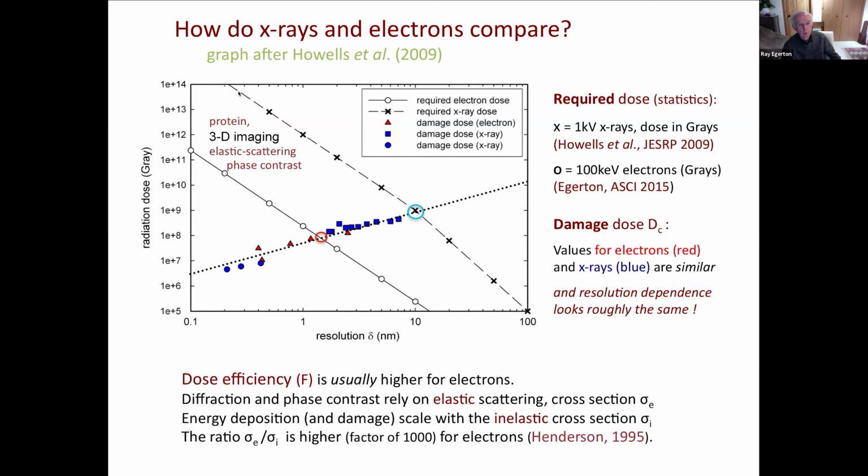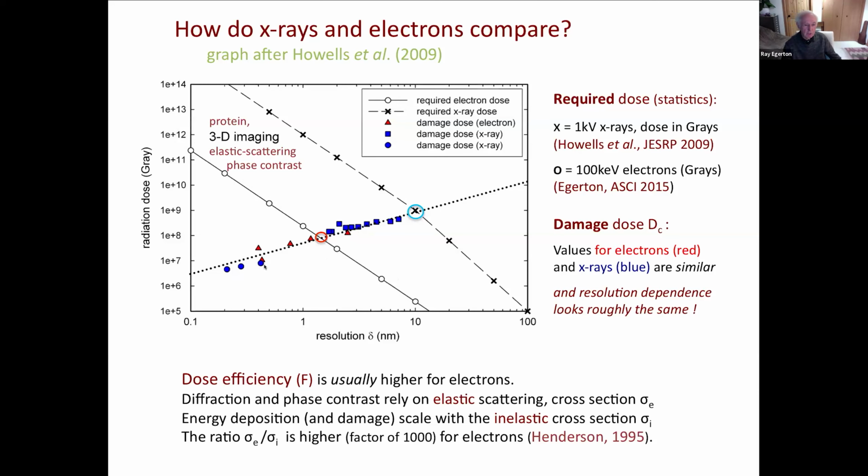So I've added to that plot a second required dose line for electrons, based on the fact that, according to calculations of Henderson many years ago, electrons have a much larger elastic scattering cross-section than X-rays, and so this line is a factor of 1,000 lower. And so you'll see here where our data intersects the line, we've got a dose-limited resolution that's roughly a factor of 10 better than for X-rays.